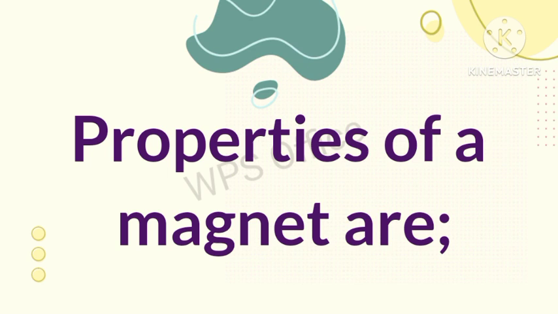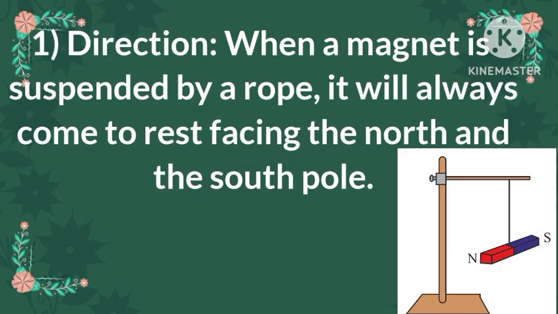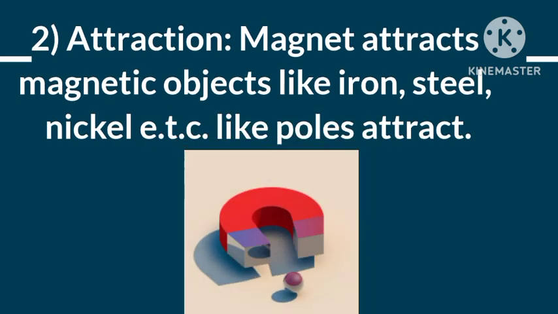Next, properties of a magnet are: 1. Direction. When a magnet is suspended by a rope, it always comes to rest facing the north and the south pole. 2.